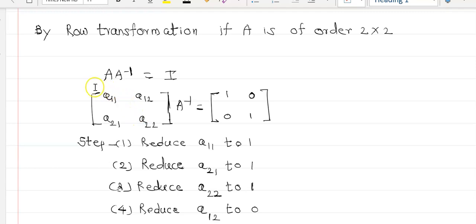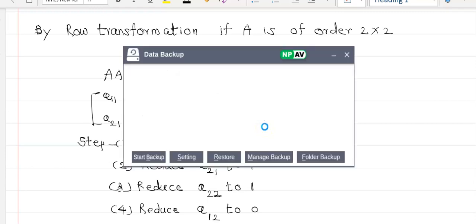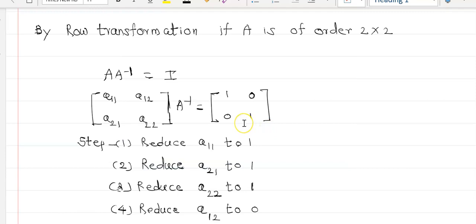To find the inverse of a matrix, we write A into A inverse equals I. Since the order of this matrix is 2 by 2, I take the identity of the same order, which is 1 0 0 1. Identity is always written in this manner.